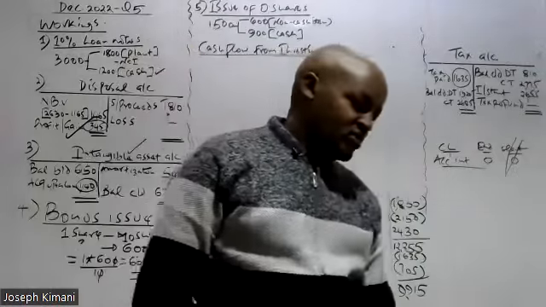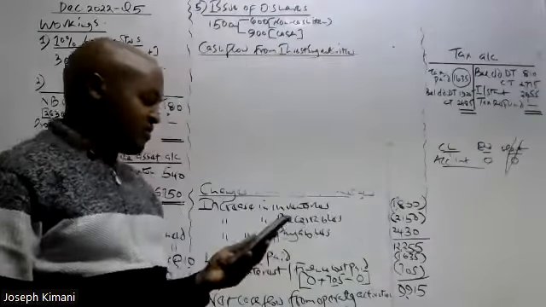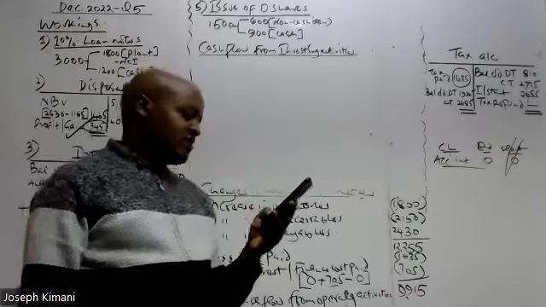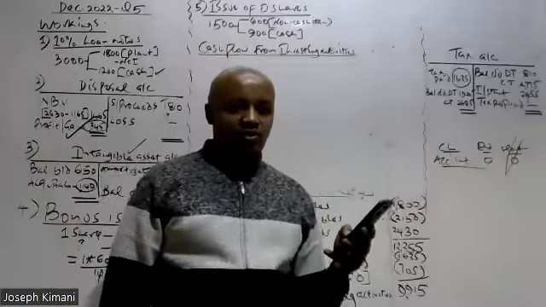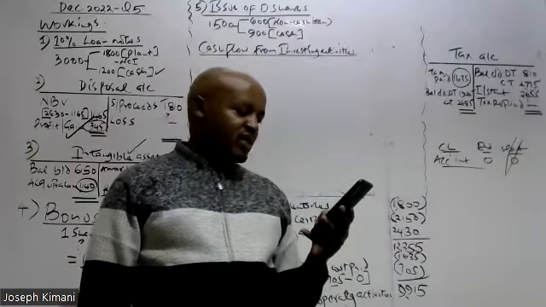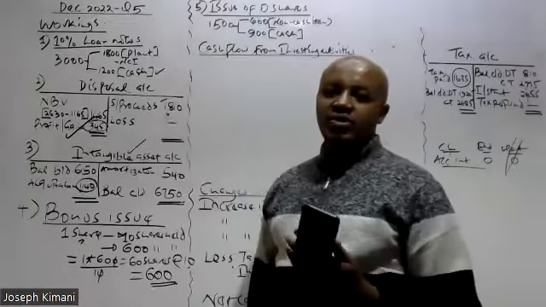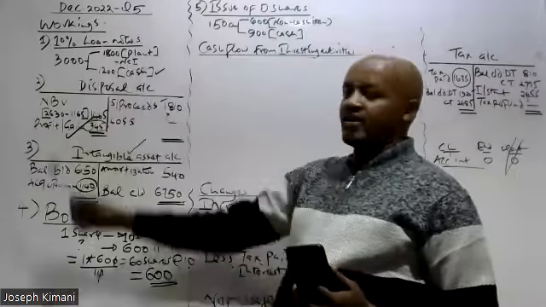And I think from what we have in this particular question, maybe from the additional information number 1, let's go back to the additional information number 1. In it, we have the plant which was acquired by the company. Can you remember the plant acquired by the company? As per the working which we did here, it had a value of 1,800.